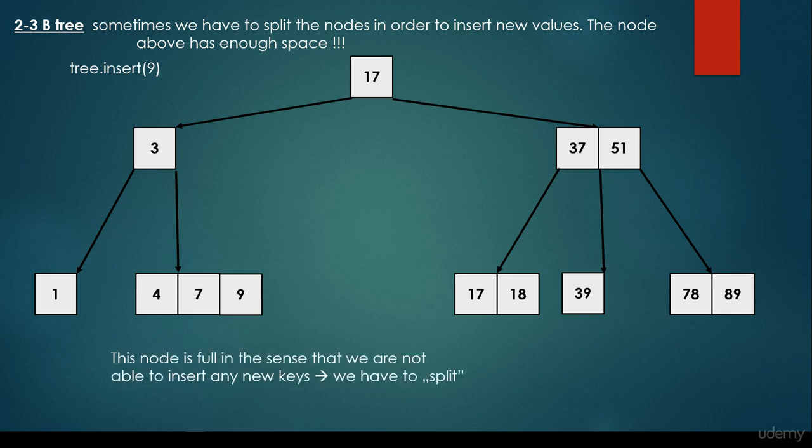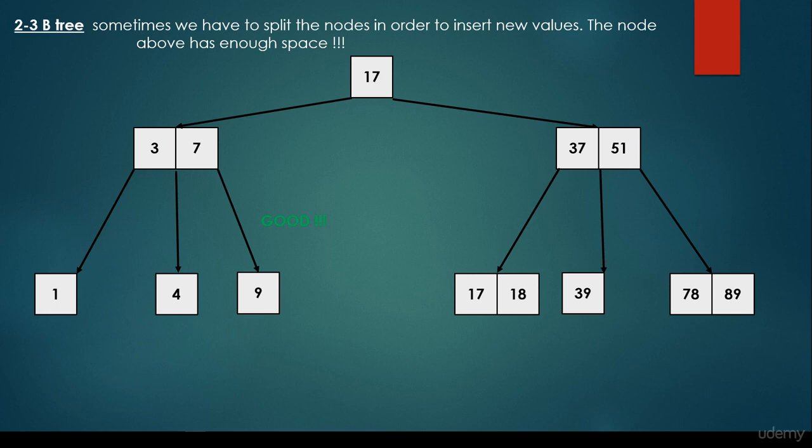This is the so-called split operation. We take the middle item, which is the 7, and we promote it to be the parent of this given node. This is the so-called promotion phase, and we set the 9 to be the right child of this 7. And it is good.